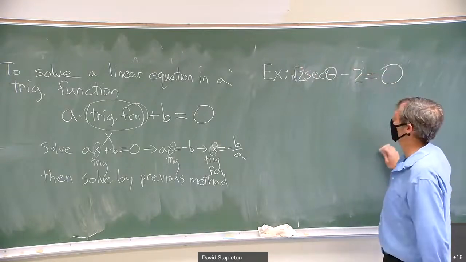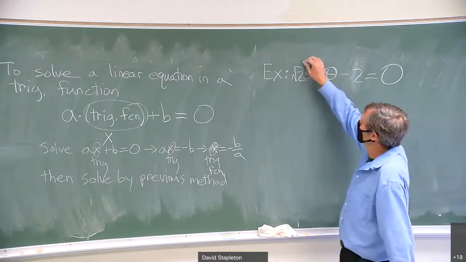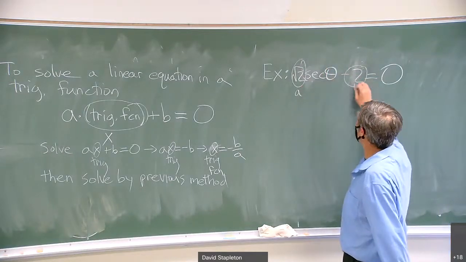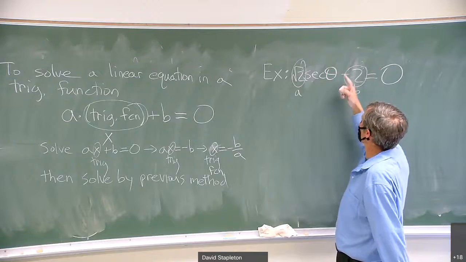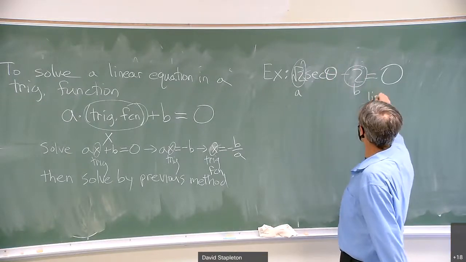Suppose I give you that equation, right? This is a linear equation in a trig function because it's a trig function plus b equals 0, right? Think of this as plus or negative 2. This is a linear equation.